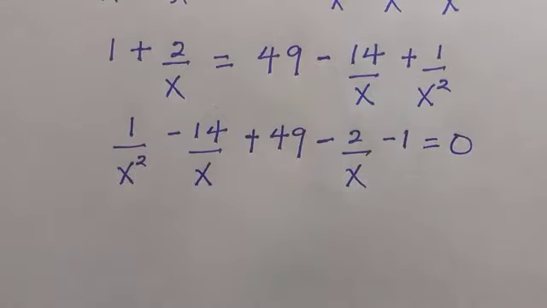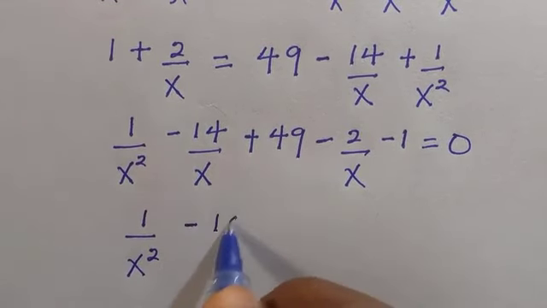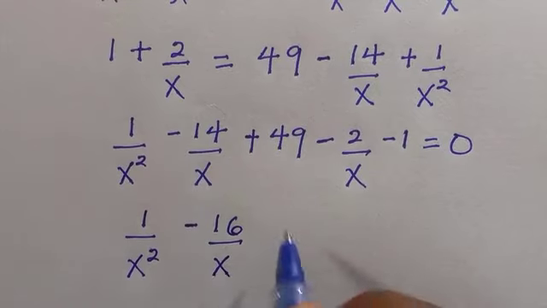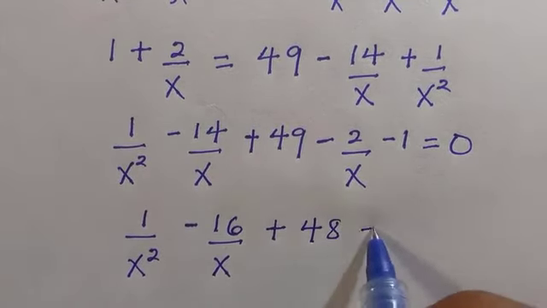So the next thing to do here is we have 1 over x squared, and by putting this together, it becomes minus 16 over x and plus 48 equals 0.